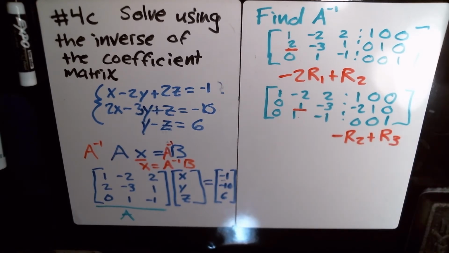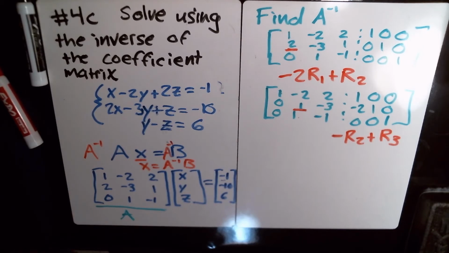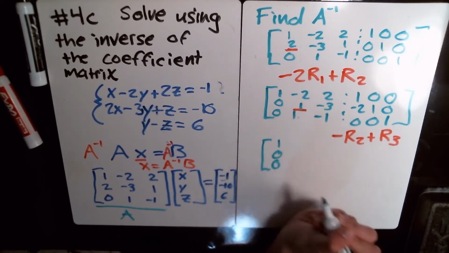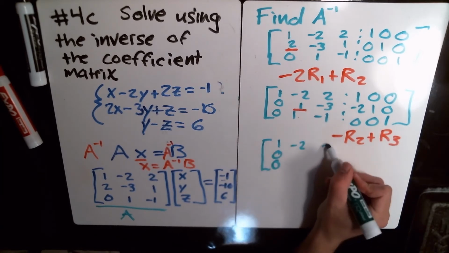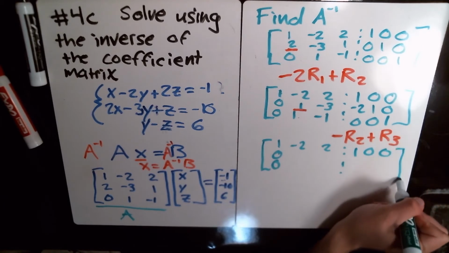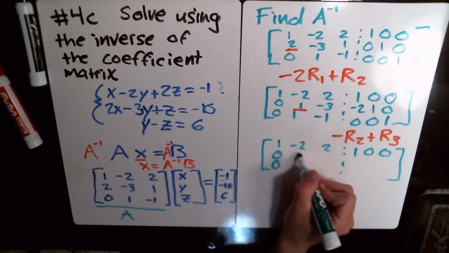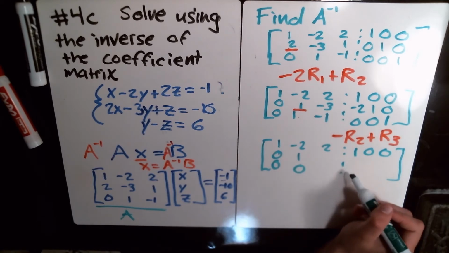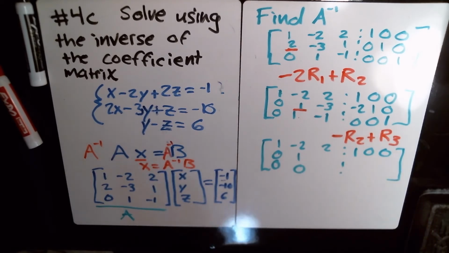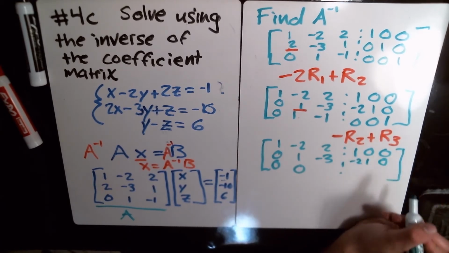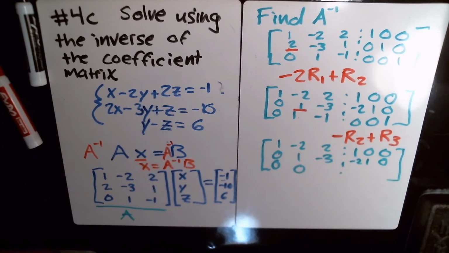Okay. And so when I do that, I get 1, 0, 0. The top row just stays the same. Okay. And the second row stays the same, but that third row is going to change, right?